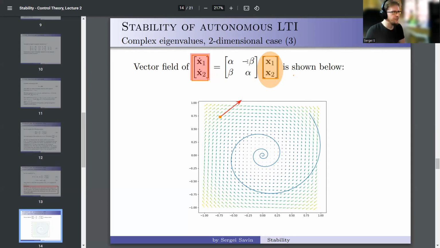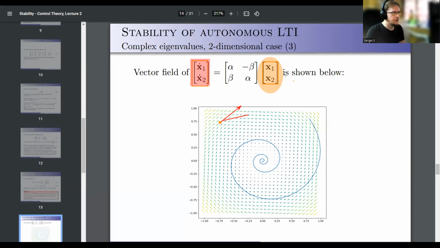How do we interpret it? Well, how does x change over time? It goes from here, and it changes in the direction of the arrows. So it will go like this, like this, like this, etc. We can plot the solutions. We can just solve the system using ODE45 or ODEint, and we will get the solutions. So this is a solution that we got.